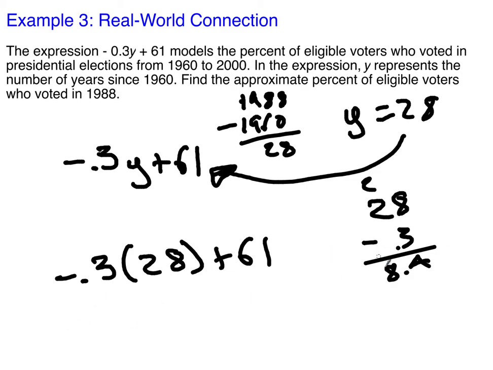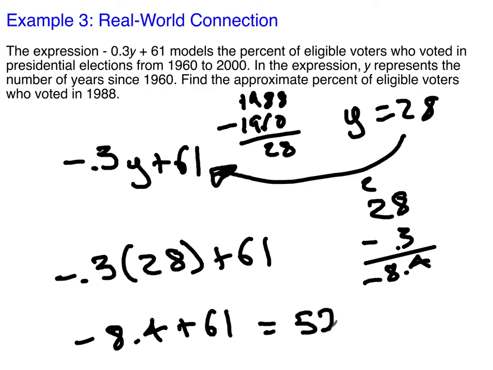And since it was negative 0.3, it's negative 8.4. So we have negative 8.4 plus 61, or 61 minus 8.4. And that's going to be, so if I did 61 minus 9, that would put me at 52. So I don't go all the way to 9, so 52.6 should be the answer. Sorry for my crappy writing.